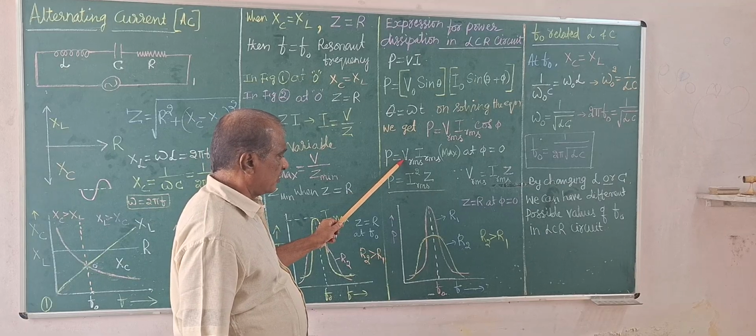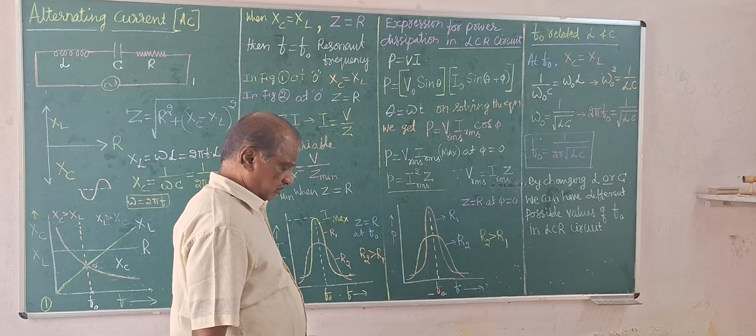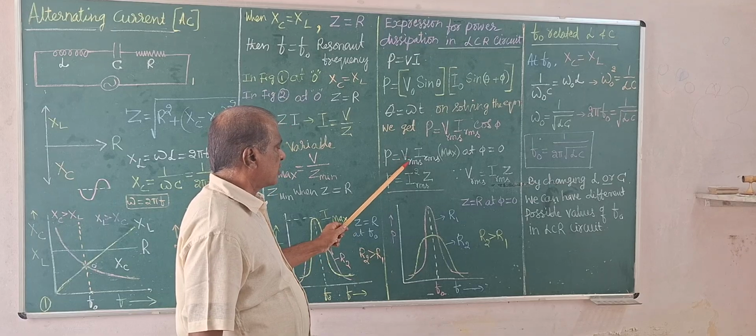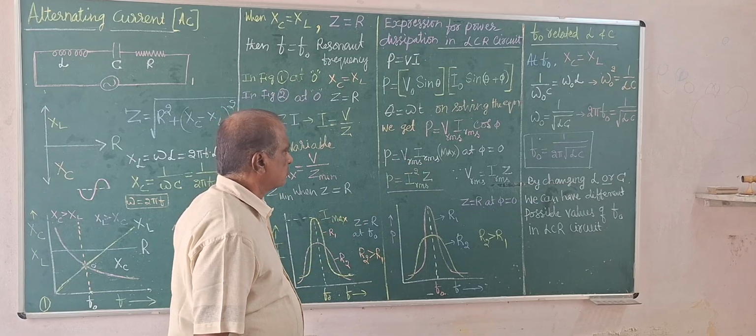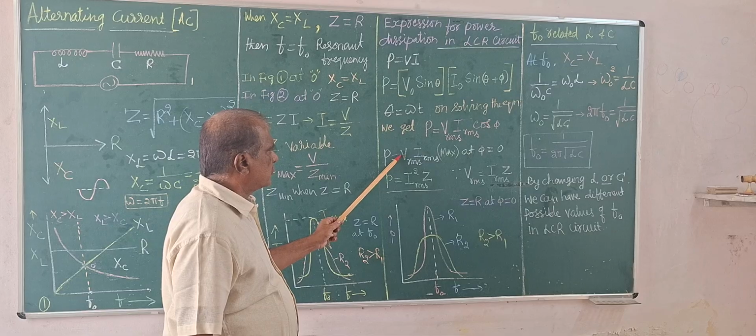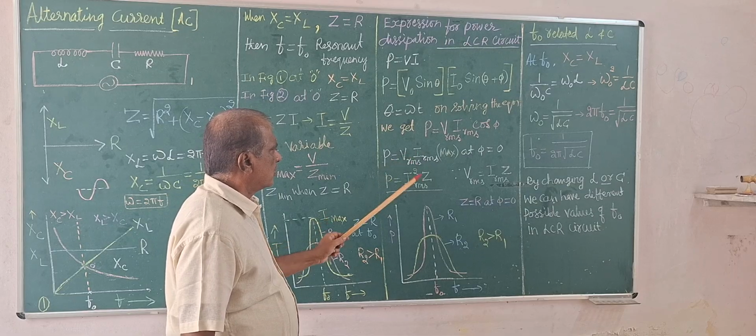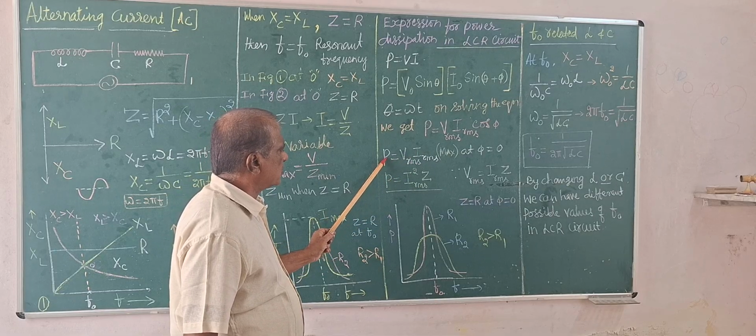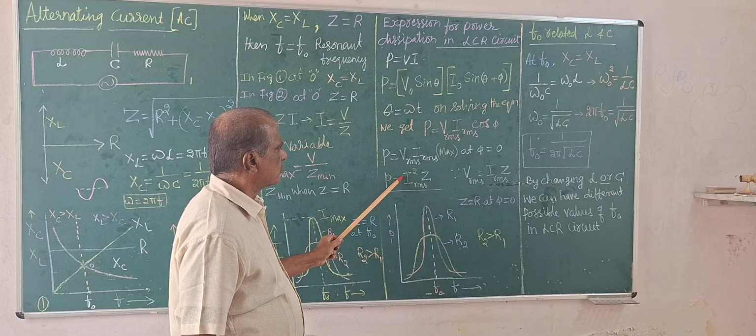The equation for that is this one. V into I, the RMS values. We can write the power dissipation only in terms of current.